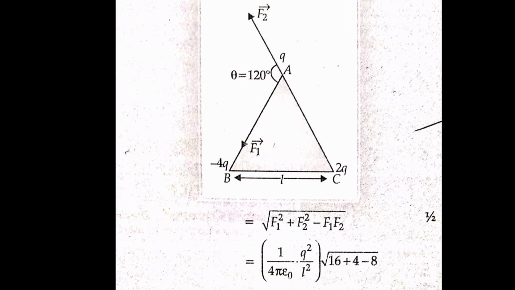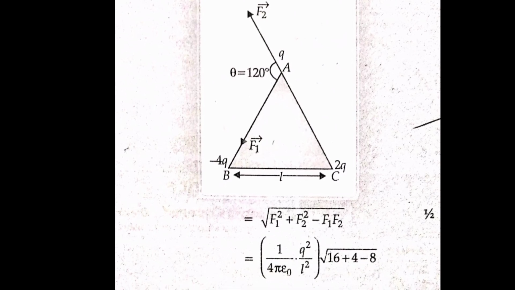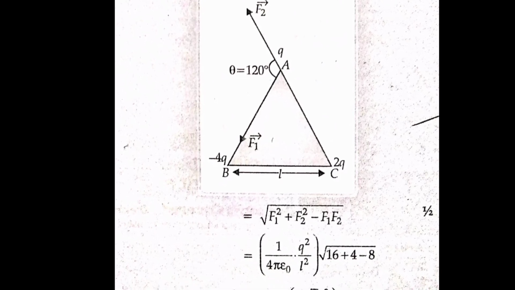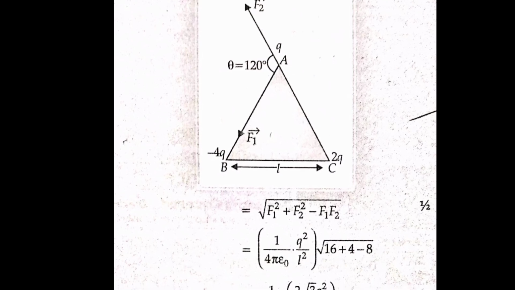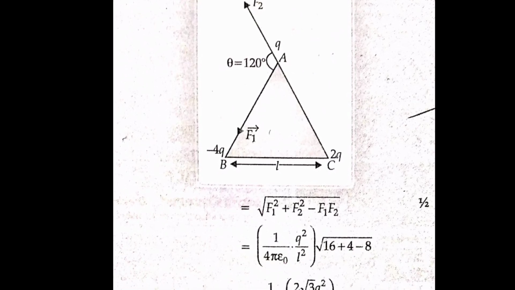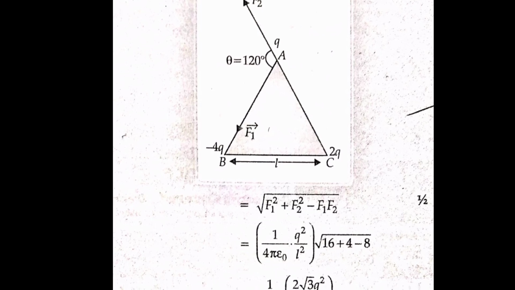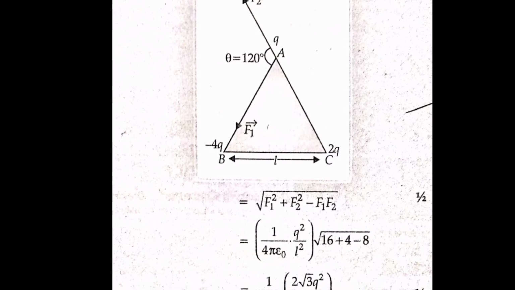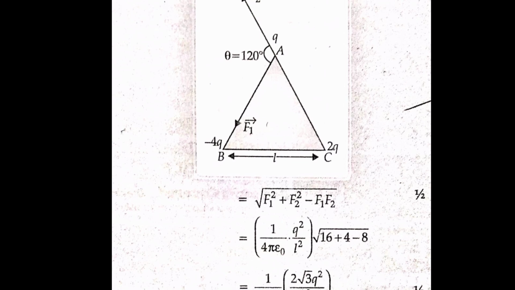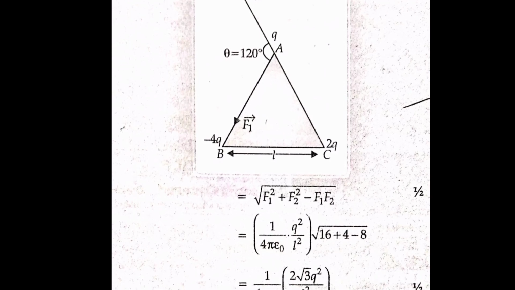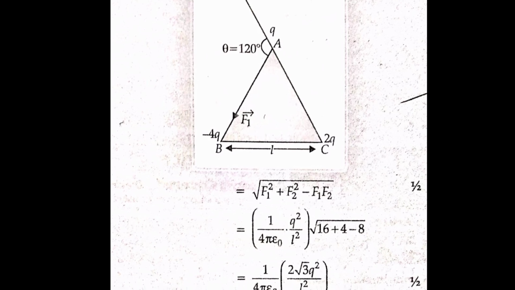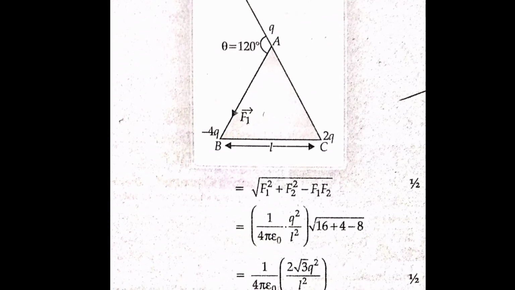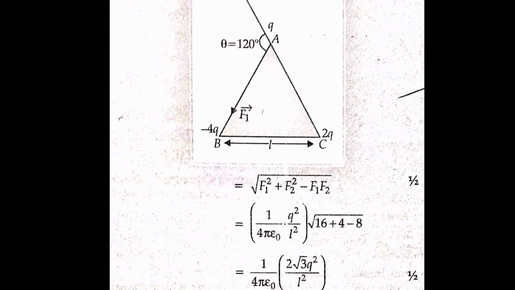Now in the diagram we can see the directions of forces F1 and F2, and the angle between them is theta, that is 120 degrees. Then we can write the value of cos 120 also. So we get root of F1 square plus F2 square minus F1 F2. Now we can apply the values, taking 1 by 4 pi epsilon 0 Q square by L square outside, which gives root of 16 plus 4 minus 8.